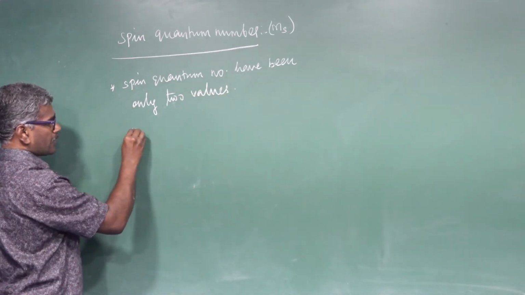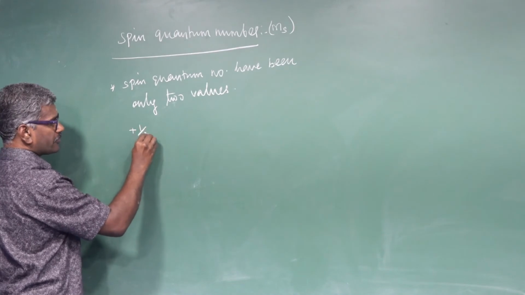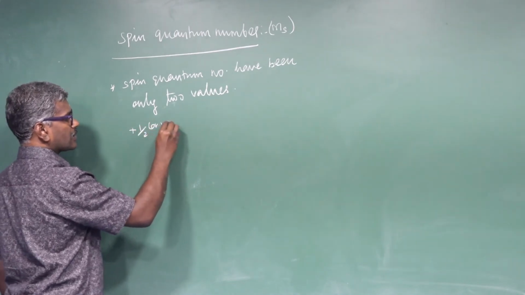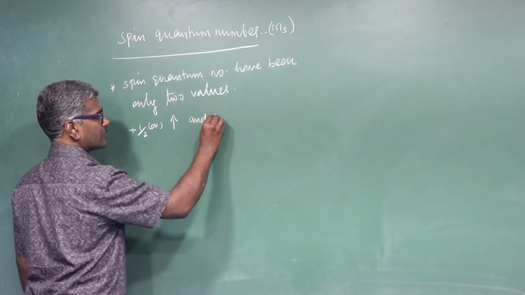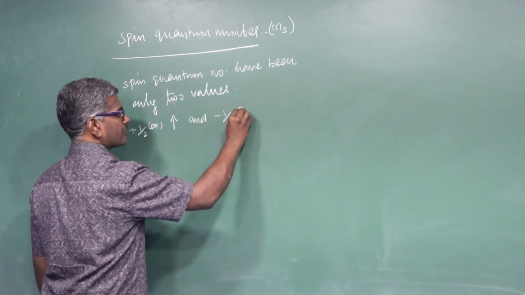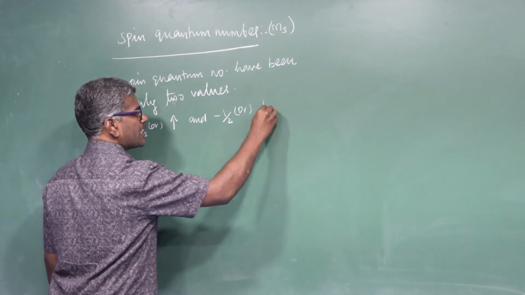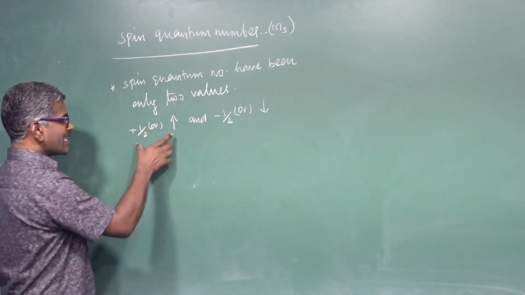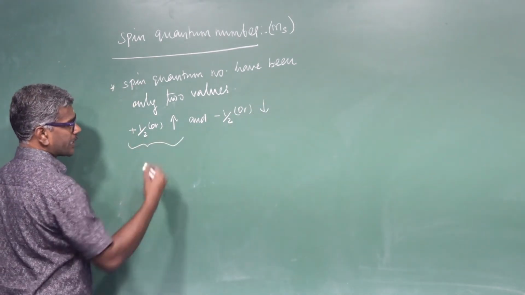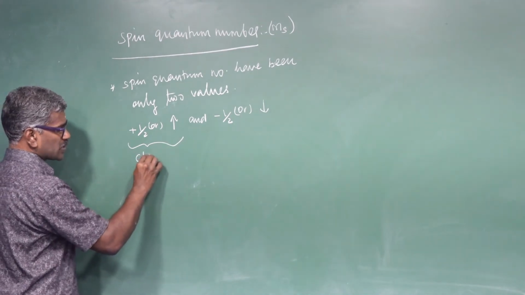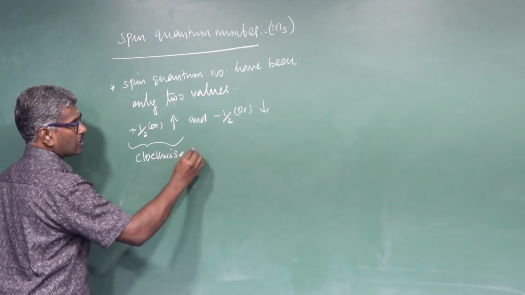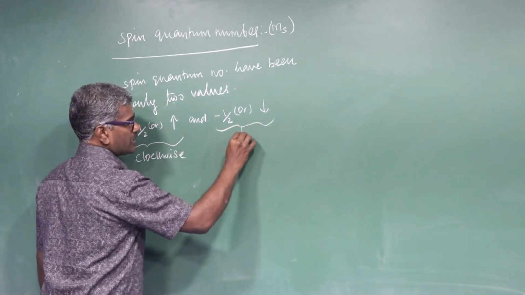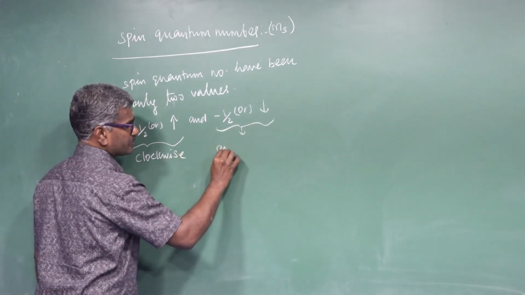First one, plus half or spin up, and minus half or spin down. This one is rotated in the clockwise direction. This one is in the anti-clockwise direction.